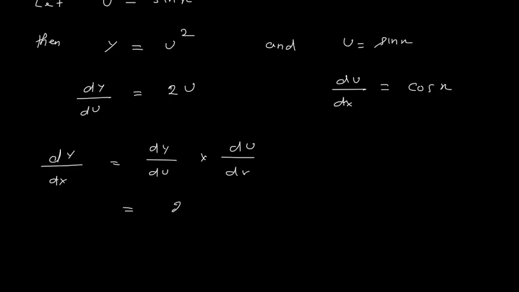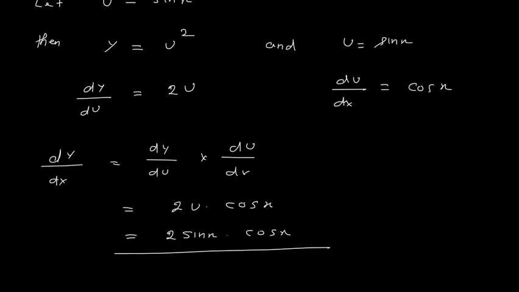So here it is 2u into cos x. Now this u is nothing but sin x, so it is 2 into sin x into cos x. This is the way you apply the chain rule.